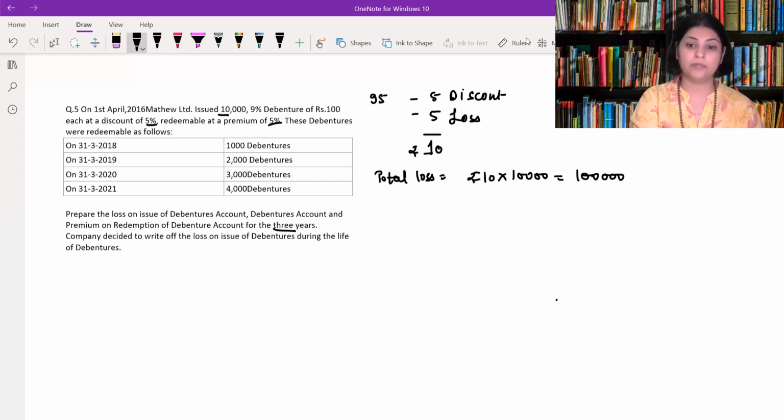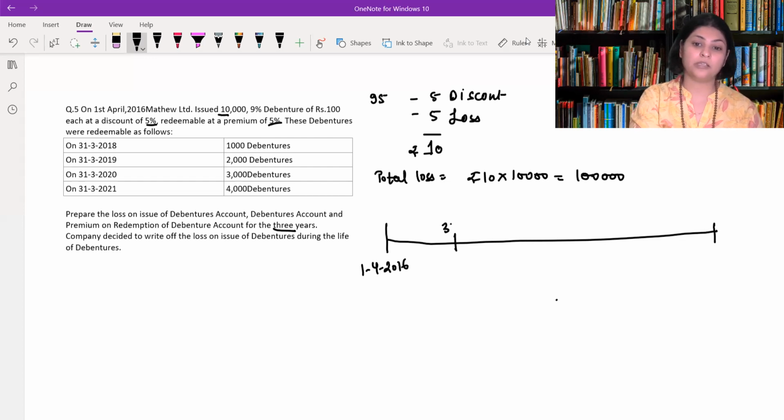Now let me make a timeline over here and explain to you how it is going. On 1st April 2016, the company issued debentures. So this year will end on 31st of March 2017. In this year, nothing happened. No debentures are redeemed. Okay, so I'll put a cross mark over here just for your understanding that no debentures are redeemed.